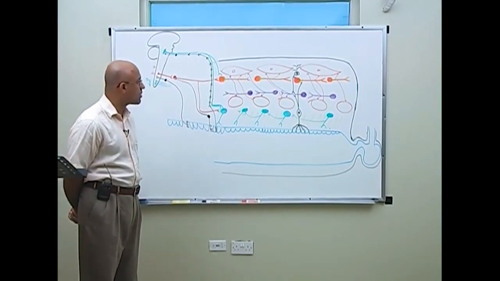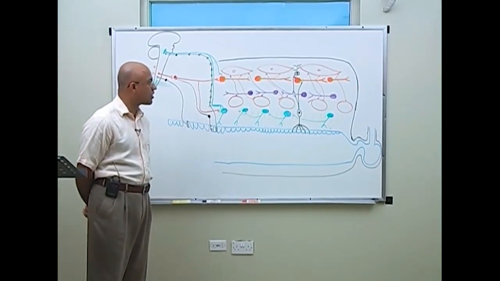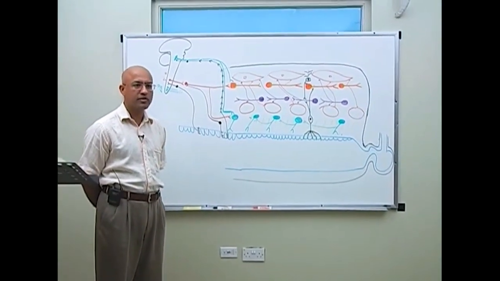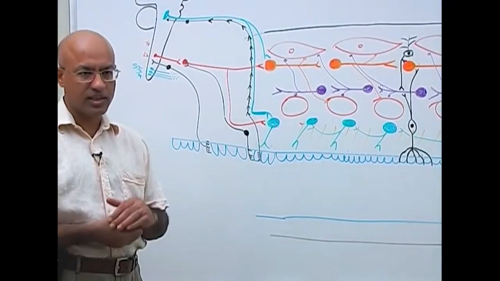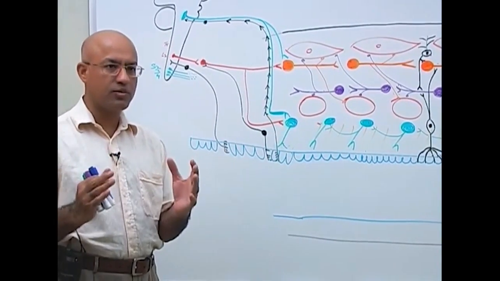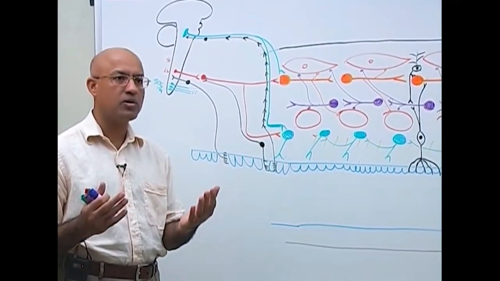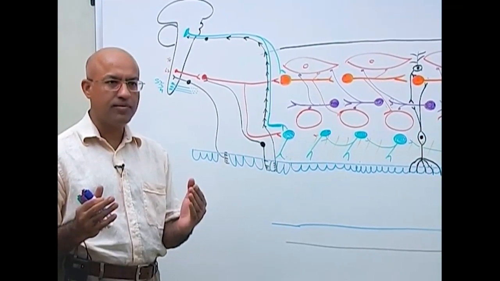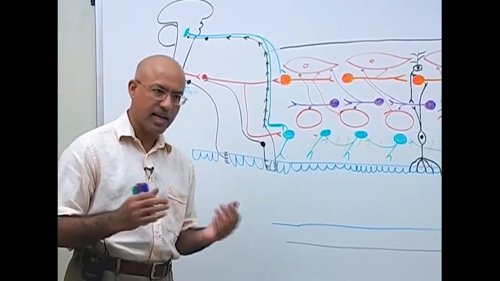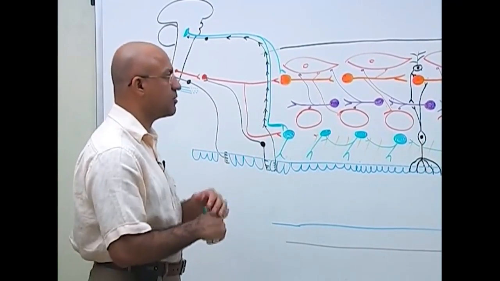Now we are going to talk about the nervous control of the gastrointestinal system, right? First of all, I will discuss in detail the enteric nervous system, and then I will talk about how enteric nervous system activity is influenced by the autonomic nervous system as well. Now, what is the enteric nervous system?